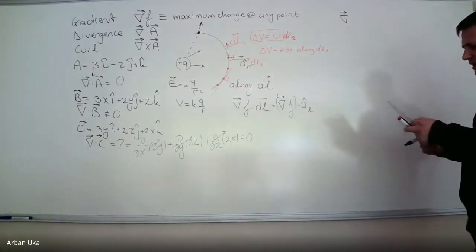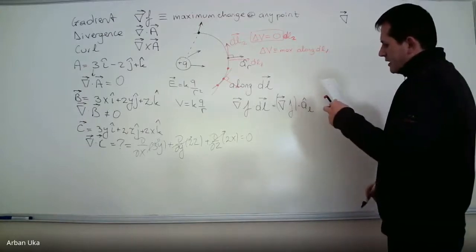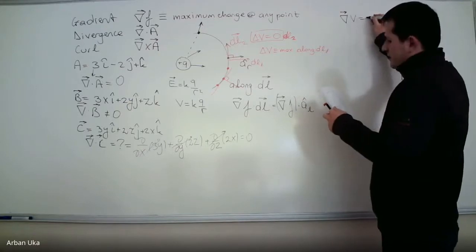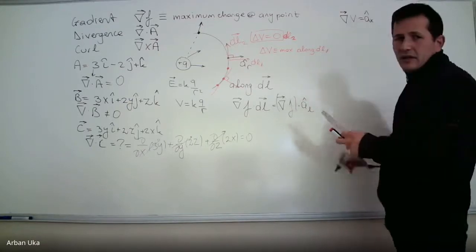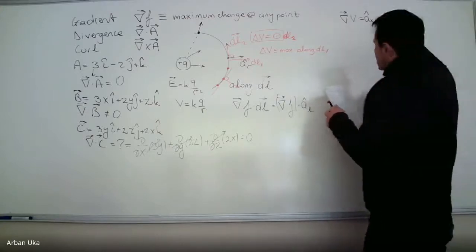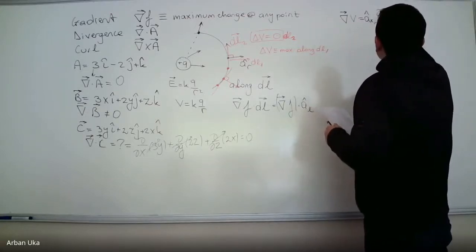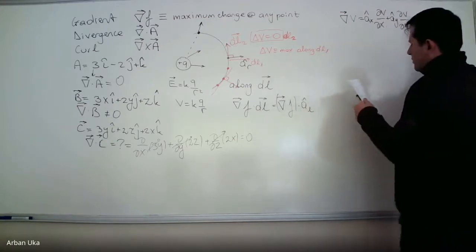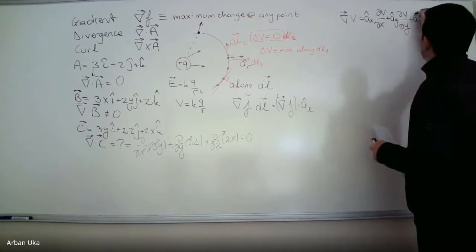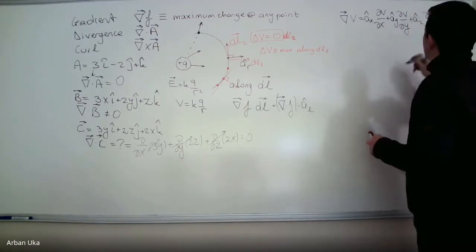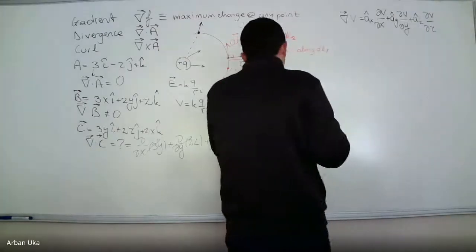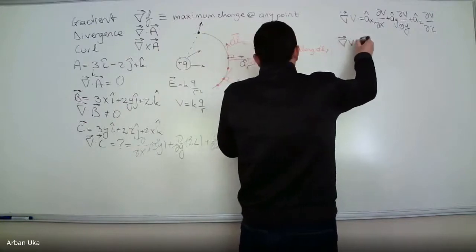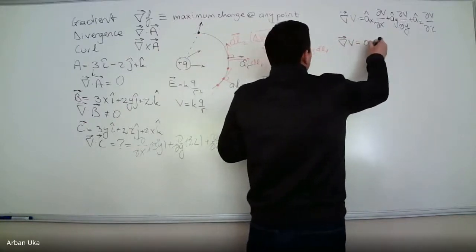Now for the Cartesian coordinate, this is going to be the gradient of V. This is AX, I believe you can see this part, AX dV over dx plus AY dV over dy plus AZ dV over dz.